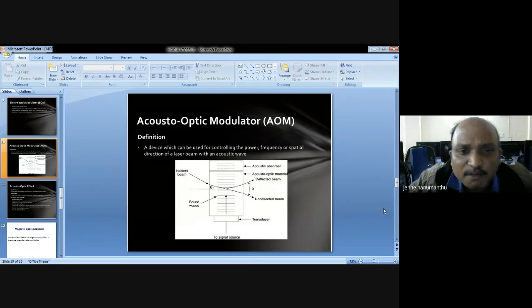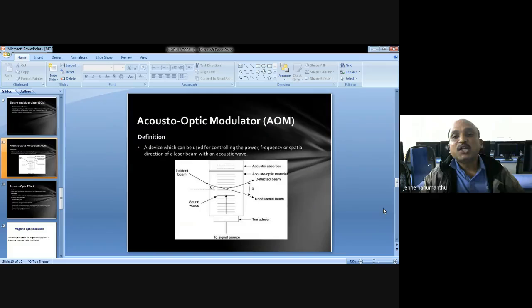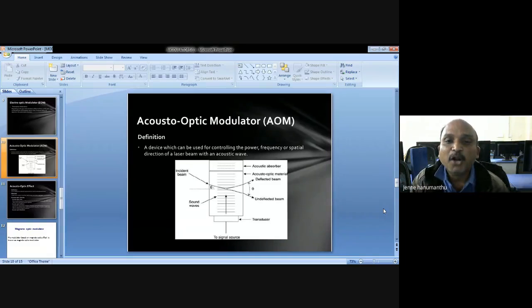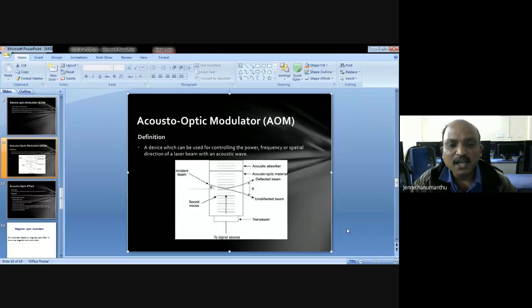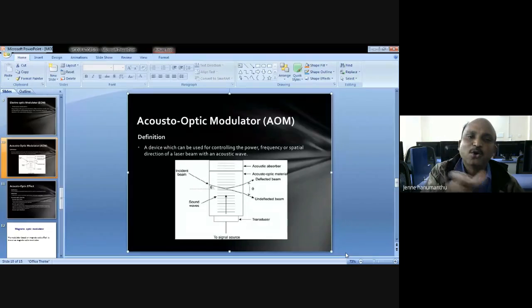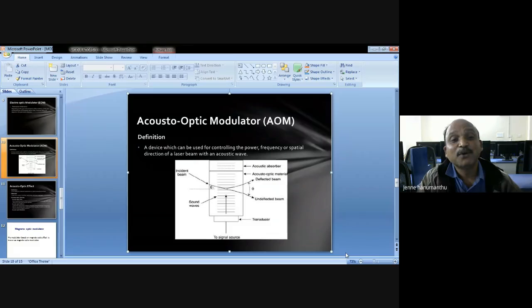And here we have the second type of optical modulator, the acousto-optic modulator. In this acousto-optic modulator, the word acousto refers to what? In the previous example, what is the electro word?